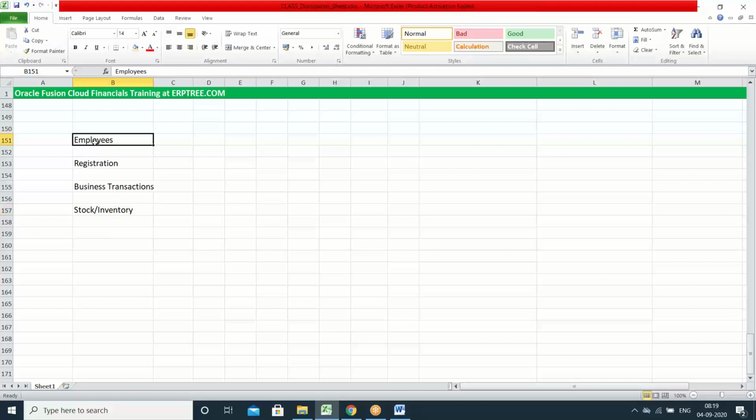To maintain employees data separately in the system, we have one concept called enterprise. By using the enterprise concept, we can maintain the employees information separately. Within the enterprise, we can maintain the employees information. How can we maintain the company registration information in the system?